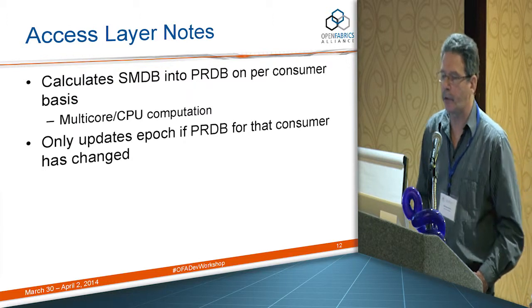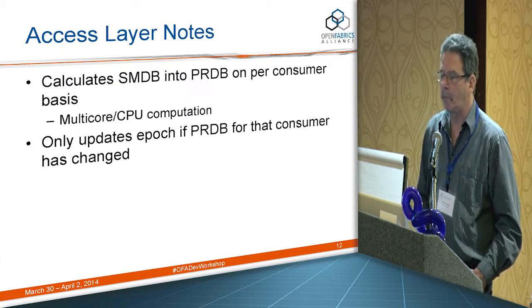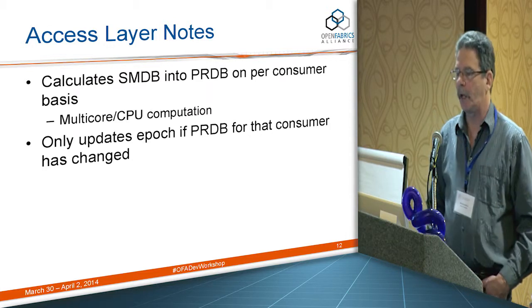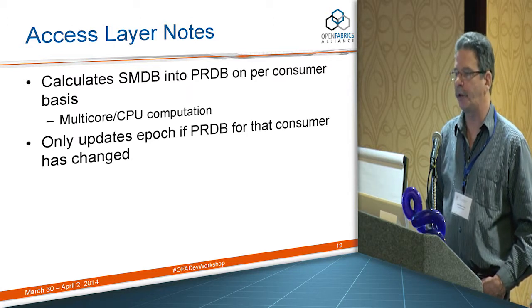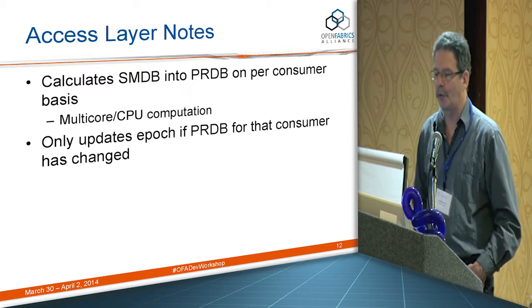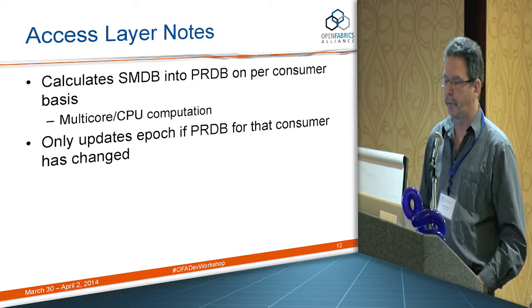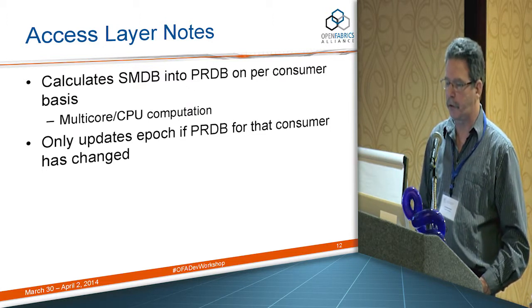At the access layer, we've made this computation that goes from SMDB to PRDB a multi-processor element computation. So it takes advantage of multi-cores and multi-CPUs.